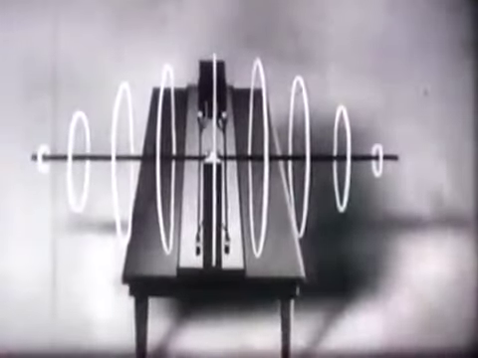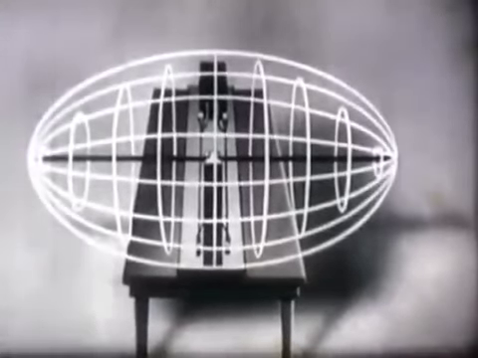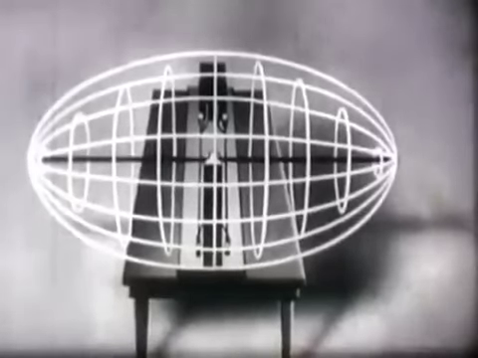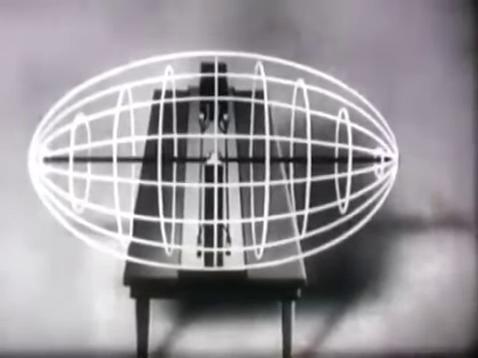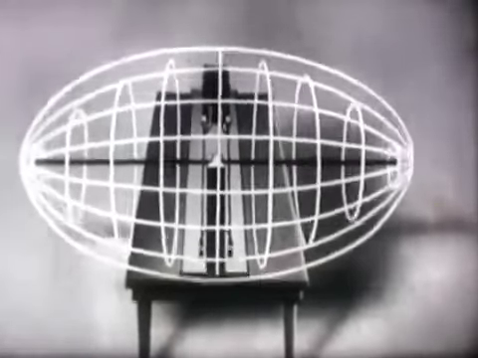Let's examine the kind of radio waves it sends out. The vertical rings represent the magnetic lines. The horizontal rings, the electrostatic lines. Let's say these lines form a single wave, and we'll stick with this wavefront as it is radiated into space. Upon leaving the antenna, the pattern enlarges.